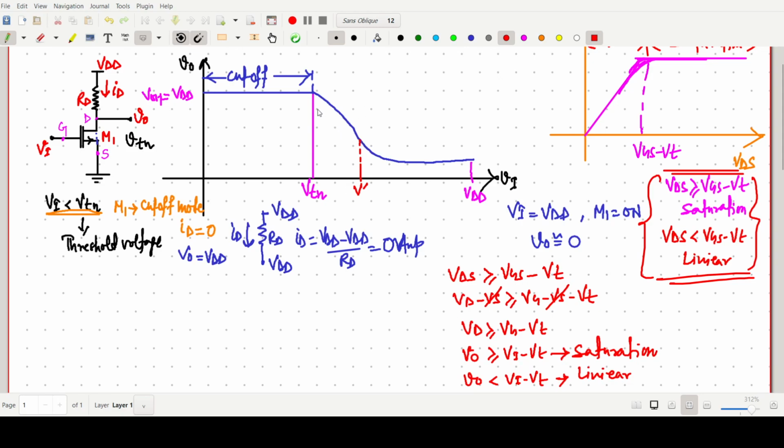Up to this point, the output voltage is decreasing, but up to this point V naught will be greater than Vi minus Vt. So up to this region, it is considered as saturation.